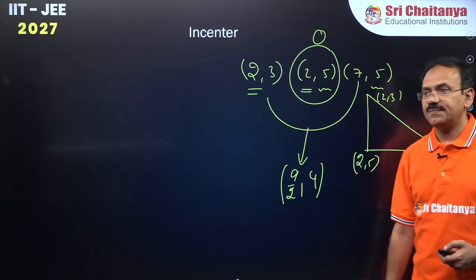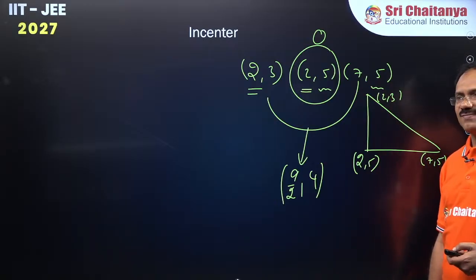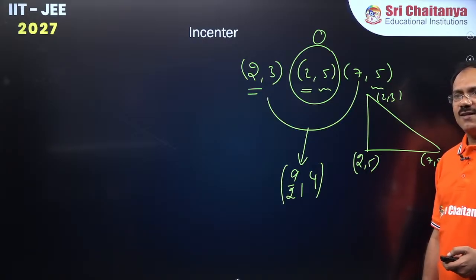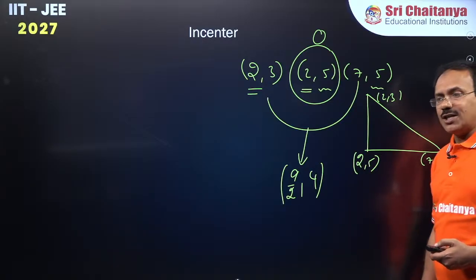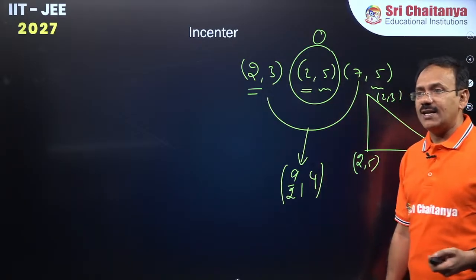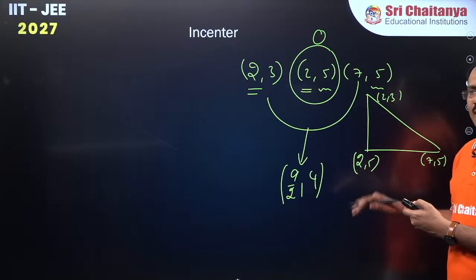Right everyone? Do you understand? The same can be found using altitudes and circumcenter, and we can do it after line equations. So this is easy, okay, right?